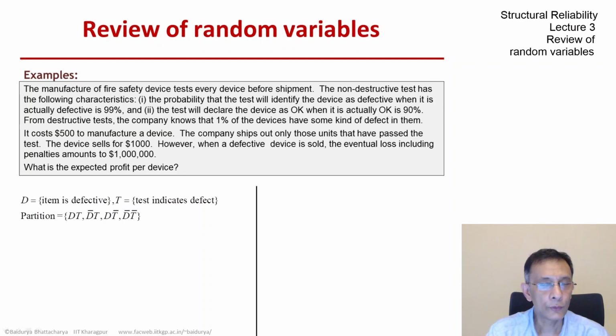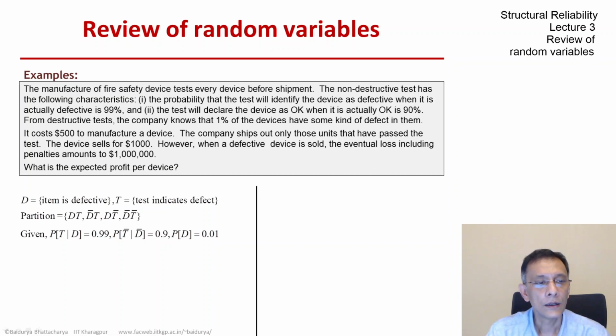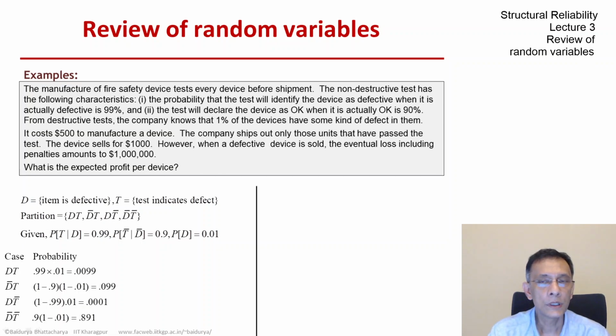Now, for these four cases, we can find out, using the information given, as before, the sensitivity and the specificity information, the probabilities of these four events in the partition. And if you do the algebra carefully, the numbers are as you see here.